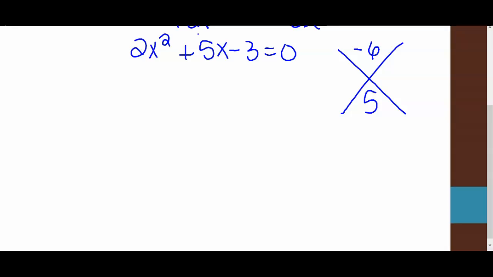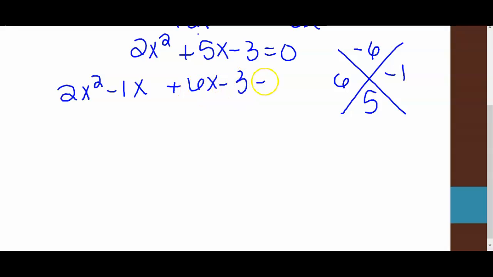So I'm going to use 6 and -1, because 6 minus 1 is 5, and 6 times -1 is -6. So when I do this, I'm going to group the -1 and the 2x together, just so I don't have to take a GCF out of a negative term.